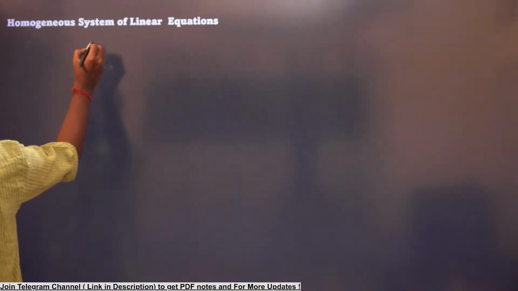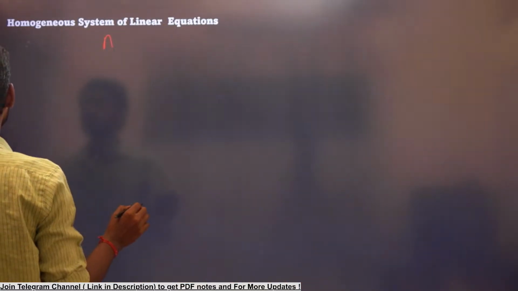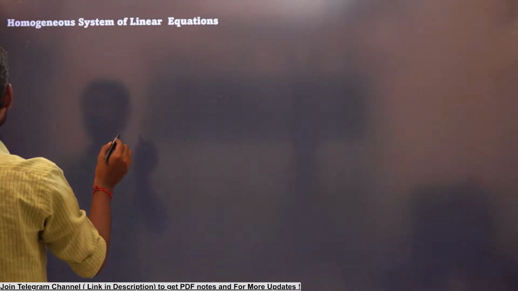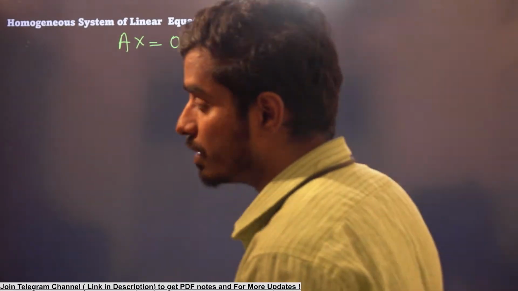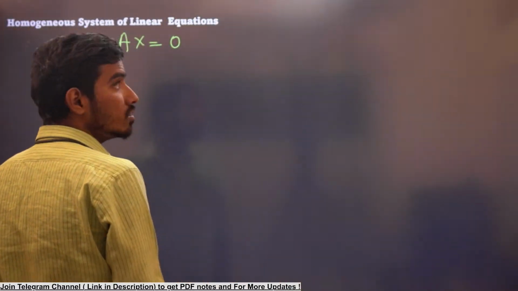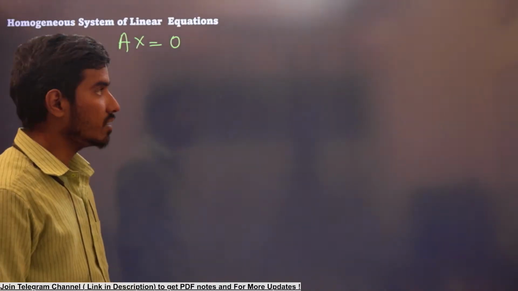The homogeneous system is the same thing, but the output vector will be 0. So Ax is always 0. Usually we will have Ax equal to B. If B is non-zero, it is non-homogeneous. If your output vector is 0, then it is a homogeneous system of equations.